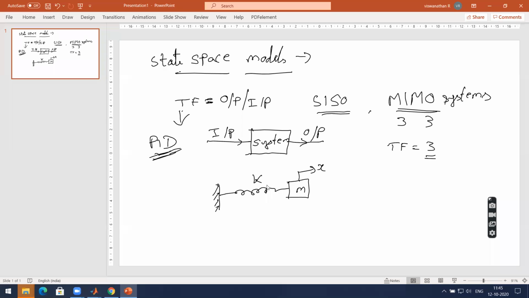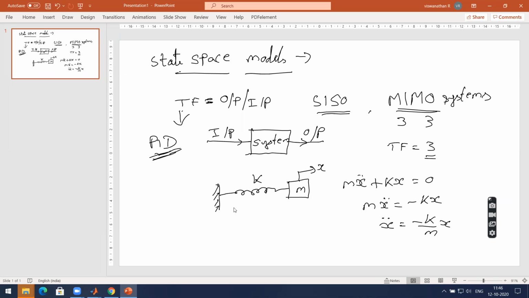What is the equation of motion for this? m x double dot plus k x equal to 0. So m x double dot is equal to minus k x, or x double dot is equal to minus k by m into x.